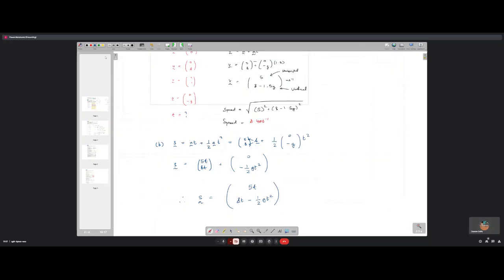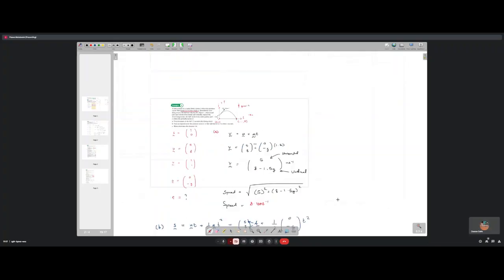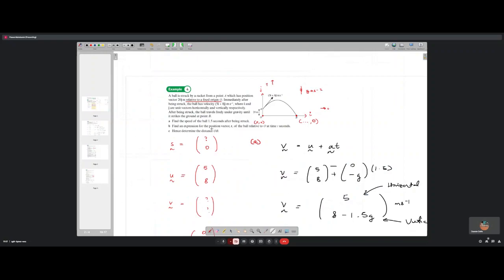But displacement from where is a real question. So let's just verify this very quickly. This is a very important discussion point now. So S and R, they're not the same thing. We may have to correct it, we may not. But it says find an expression for the position vector R of the ball relative to O. So they want it relative to this origin point.